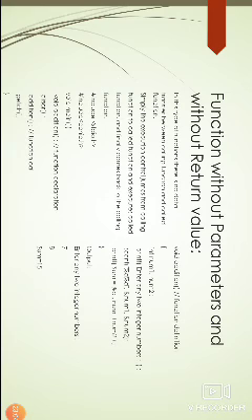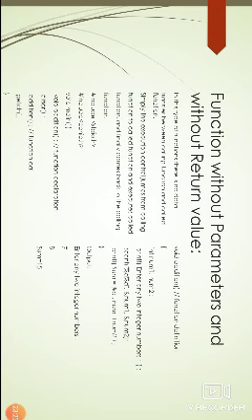Now I'm using a printf statement, open rounded brackets, double quotes, enter any two integer numbers colon, double quotes, bracket close, semicolon. Now to read the two integer numbers I am using a scanf function.